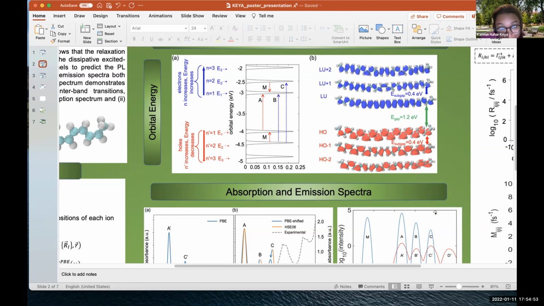Because of the excitation, because we excite the system, that's the reason. Okay, well, excitation promotes the system to LUMO +1, but why does it return to a lower energy state? Why does it relax?